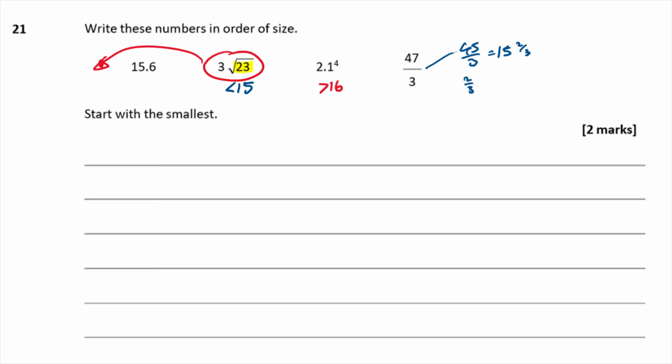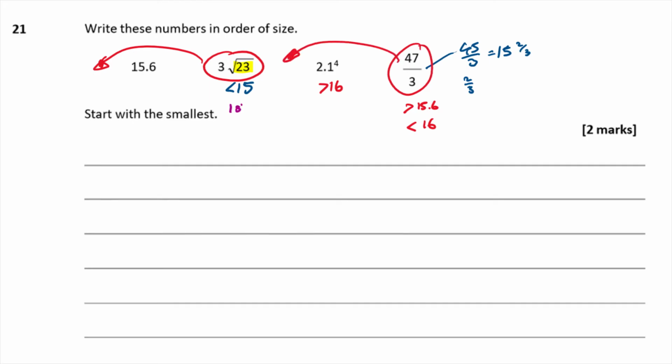So 2/3, what's 2/3? 2/3 is 0.66666666. So that is going to kind of go in between then the 15.6. It's bigger than 15.6, but it's smaller than 16, isn't it? Okay, so it kind of slots between these, okay?